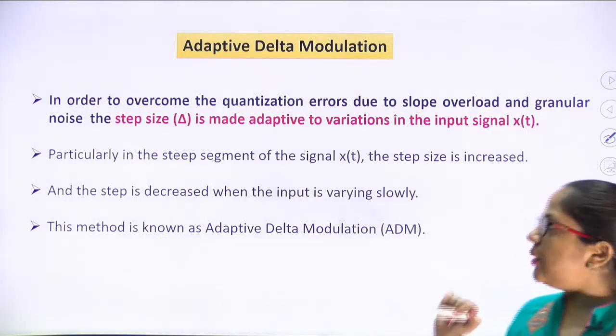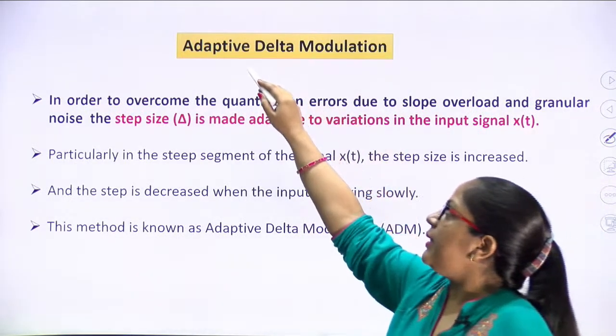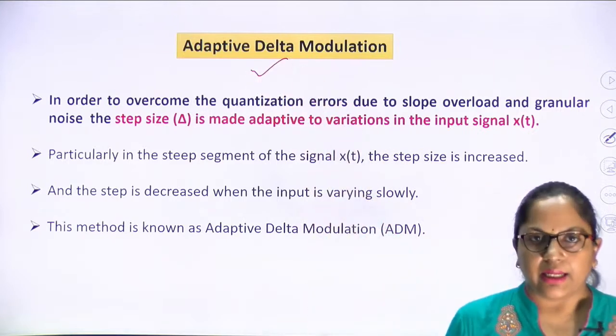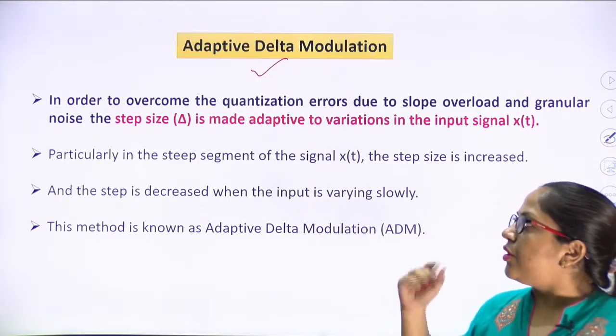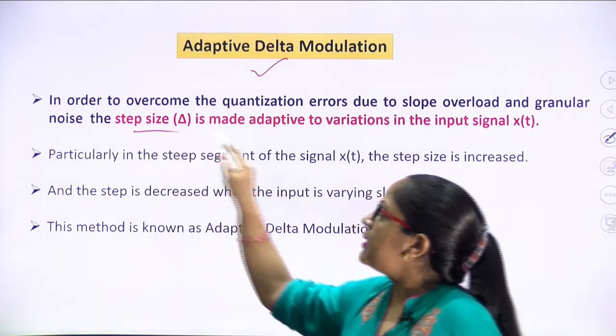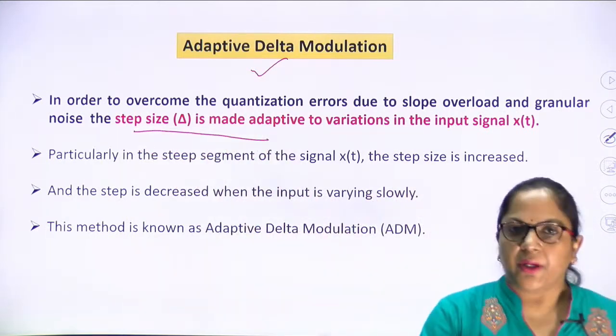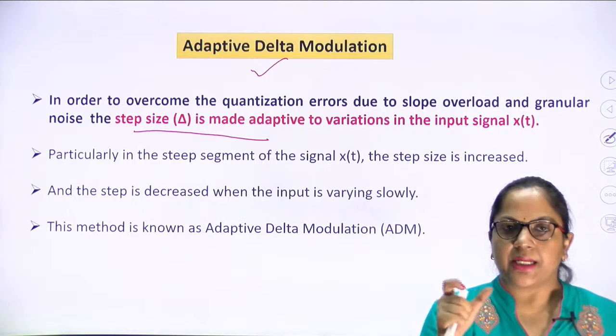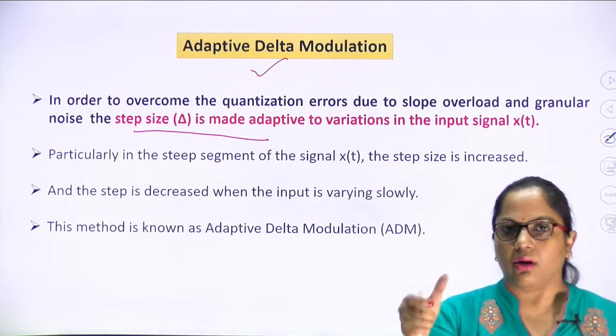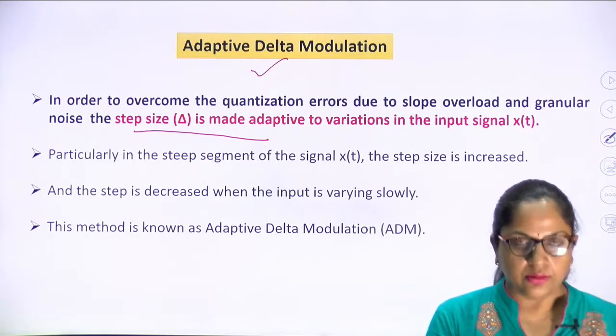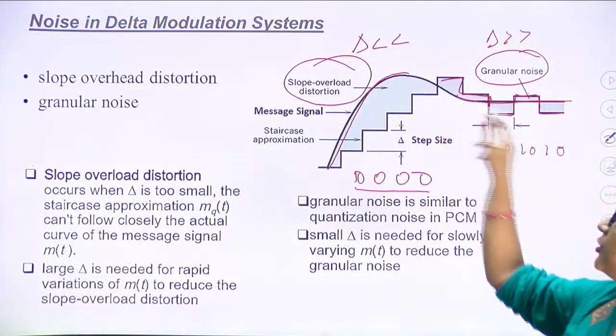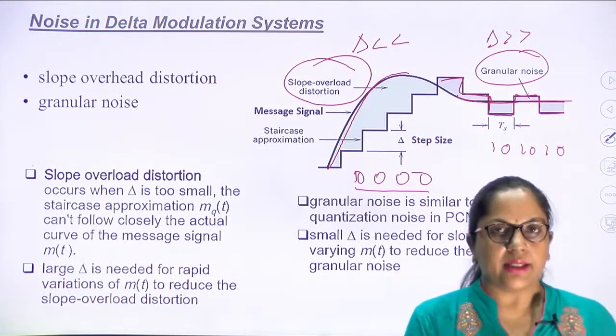What is adaptive delta modulation? As the name indicates, adaptive: what is adaptive? Step size is adaptive. In the previous case, delta modulation, the step size is fixed, either too small or too large to follow the variation or to follow the constant information.